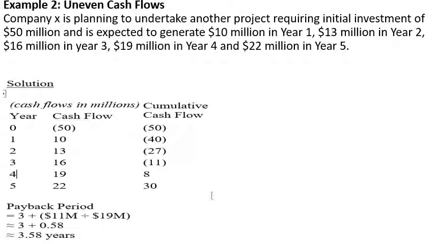We are left with 11, so 3 plus 11 divided by the total cash flow after A, which is 19. When we put it in brackets, we get 3 plus 0.58, we come to 3.58 years. That's our answer.